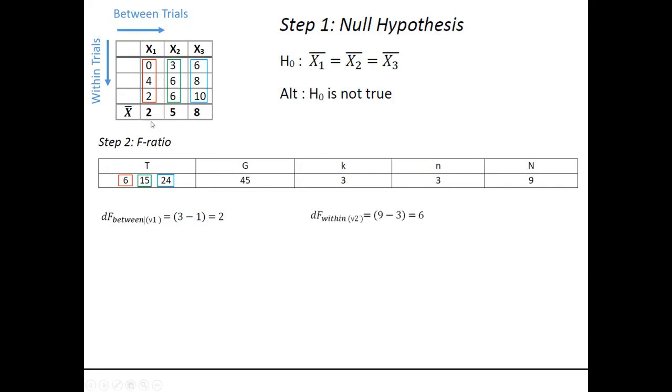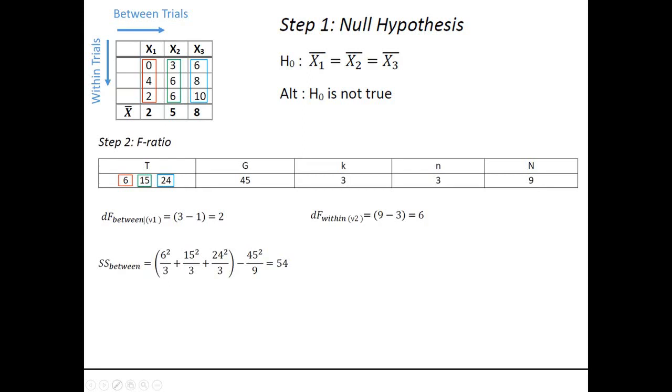The second one we are going to calculate is the degrees of freedom within trials. I also designate that as nu 2, so you can use that designation as well. That's defined as N minus K, and that simply gives us 6.